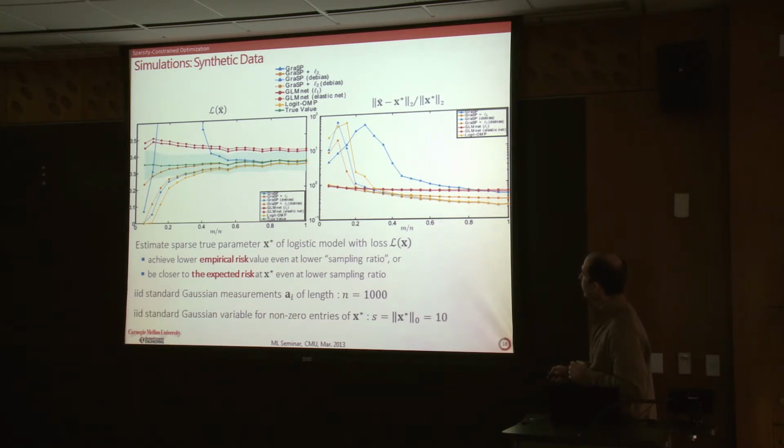And these are the settings that I used for generating the data. And the plot on the right also shows the same result in terms of the relative error of the estimate that we get.